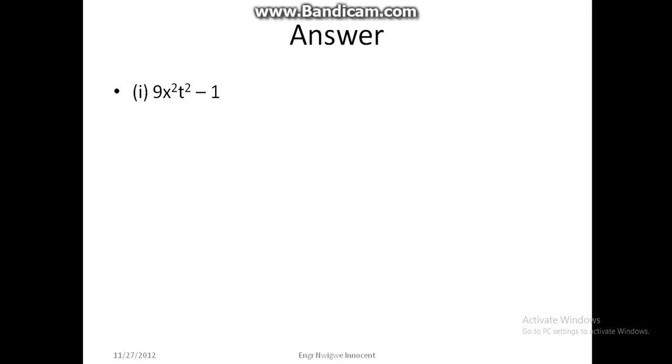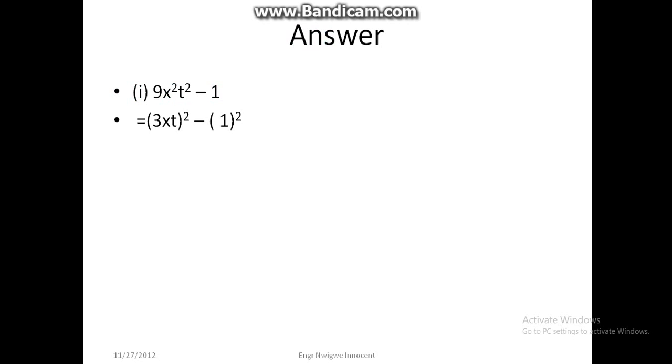To factorize, we now have to bring everything out of the bracket. We now square everything and put the remaining inside a bracket. Then we'll be having 3st all squared minus 1 squared. 1 squared is the same thing as 1.